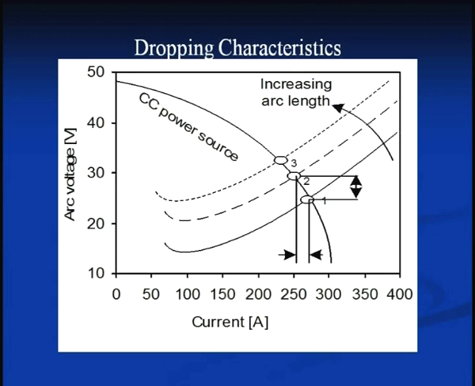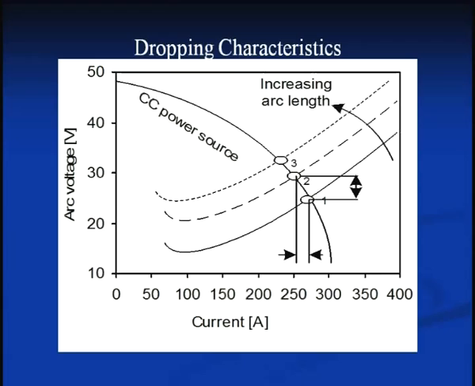So, for different arc lengths, we have three different arc characteristics, considering that a small arc length is used. For the same constant current power source, we have the intersection, that is operating point 1, indicating the particular value of the welding current for the arc voltage.